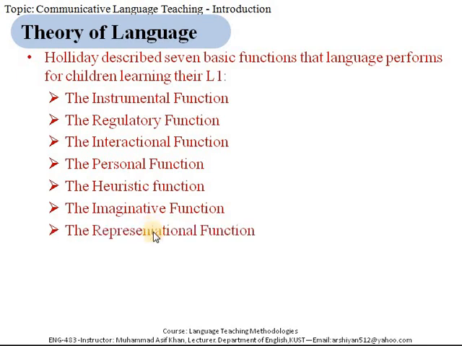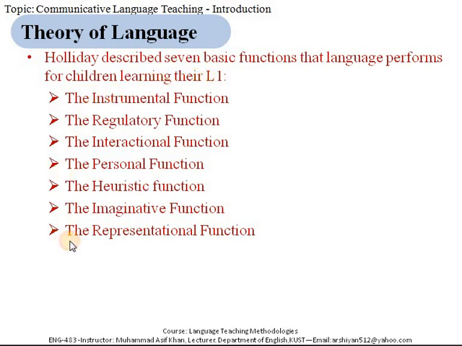The representational function is the last function described by Halliday, and this function is using language to communicate information. So these are the 7 basic functions that language performs for children learning their L1.